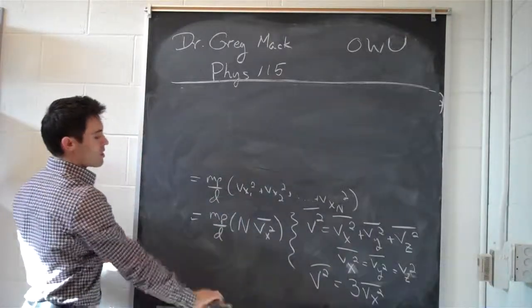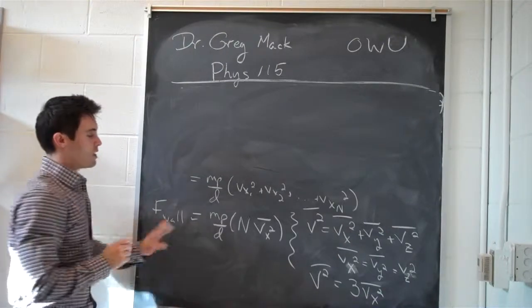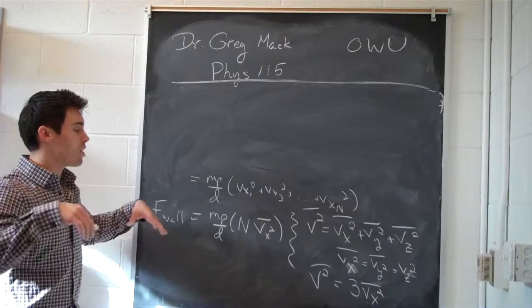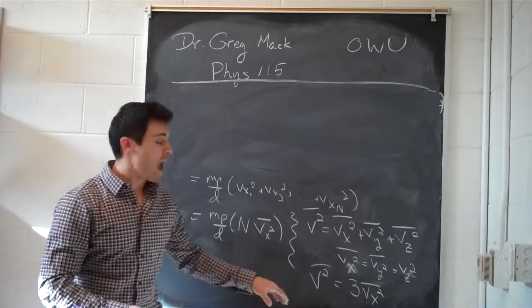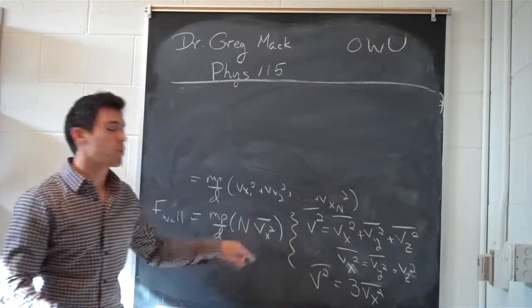So now that I have this, and I know that the F of my wall here is equal to this in the x direction, I can now look at everything that's not in the x direction and the x direction as well by plugging in this over 3 for the vx squared.